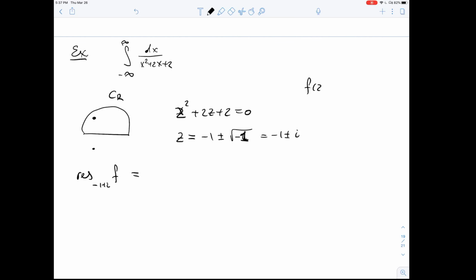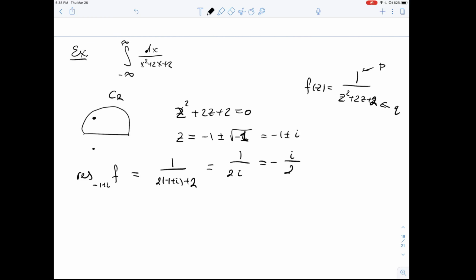Okay, so f of z, by the way, is 1 divided by z squared plus 2z plus 2. So this is p, this is q, that's a 2. I need p divided by q prime. So q prime is 2z plus 2, so here is 2z plus 2. Okay, the minus 2 cancels out. I get 1 over 2i, which is minus i over 2.